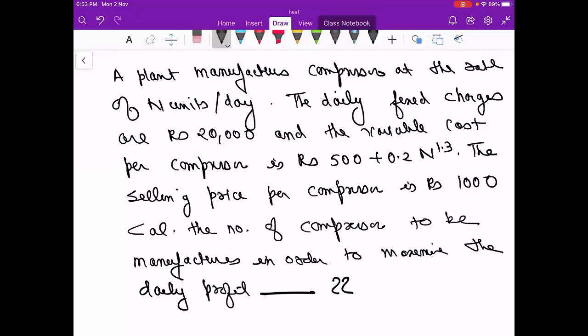Okay, solve this question. Hartika, the answer is approximately between 310 and 313. So we have to calculate the optimum diameter. So solve this question. This is a GATE question.